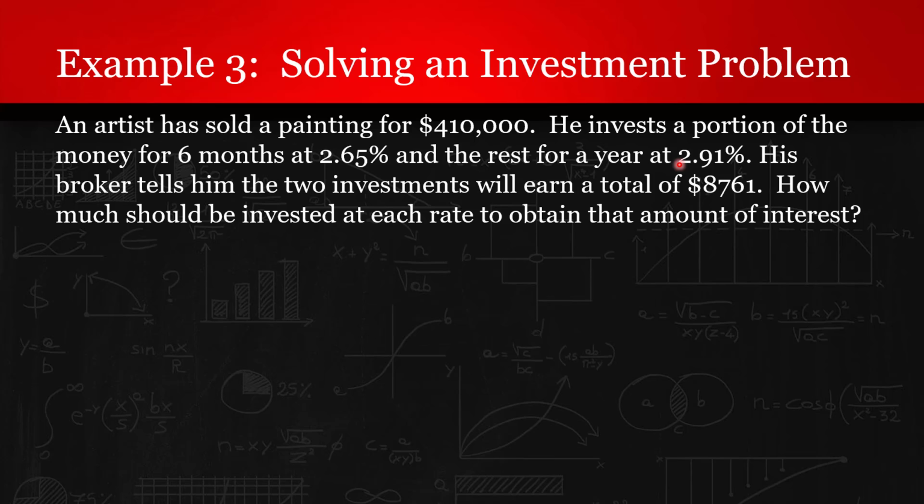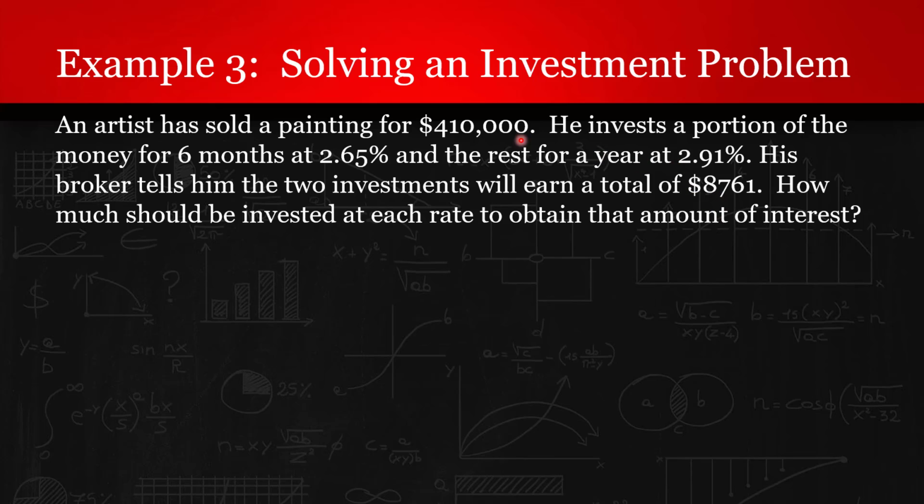His broker tells him that with both investments he's going to earn a total of $8,761 in interest. The question is, how much should be invested at each of the rates to obtain this amount of interest?